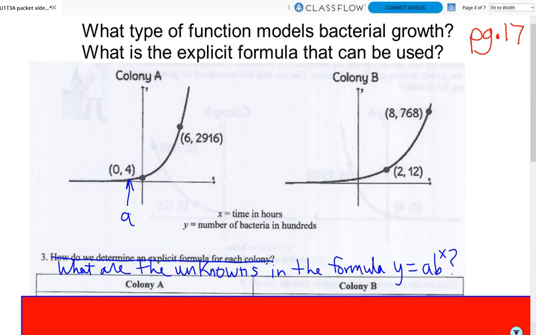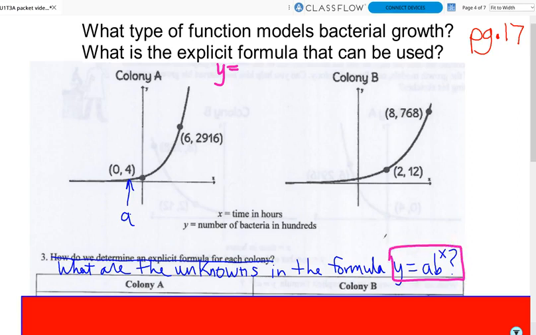An explicit equation is any equation or formula or function that is solved for y. So it's always a y equals equation, and we don't know what the equation is. We know it's going to be in this form because we know it's exponential growth.